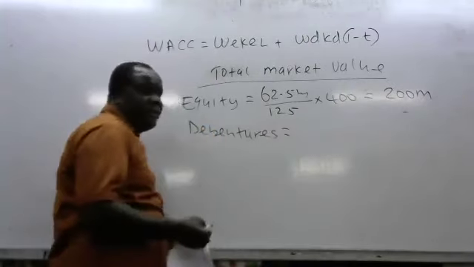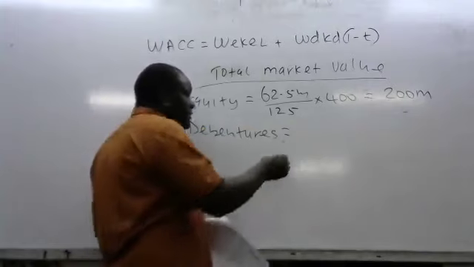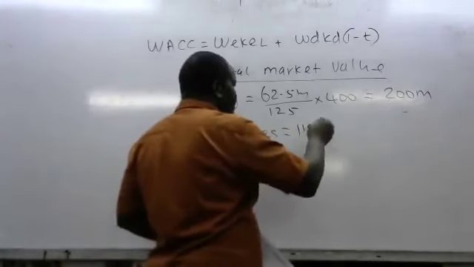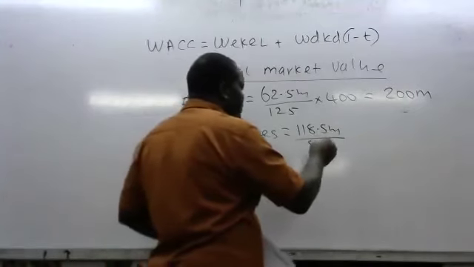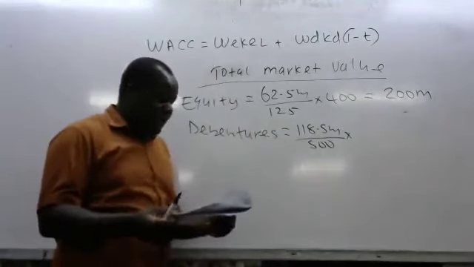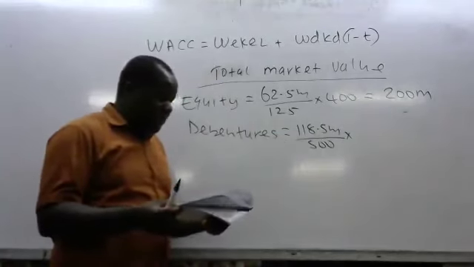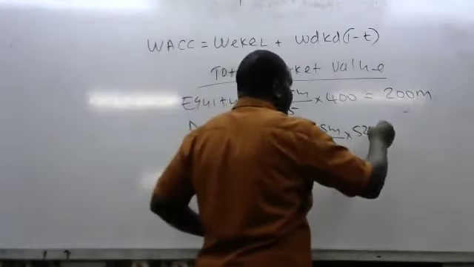Then we do the same for the debentures. We take 118.5 millions divided by the par value, which is 500, multiplied by the current market price, which was 525.